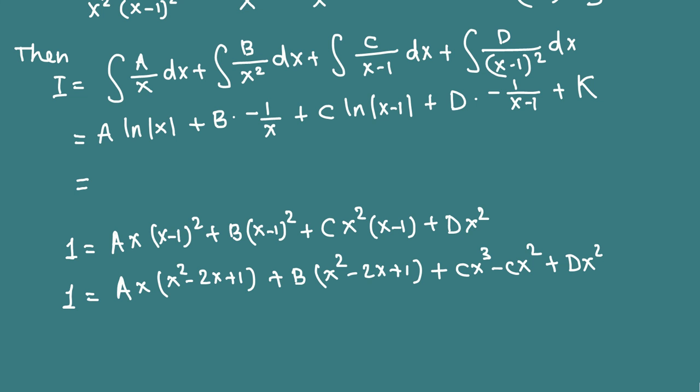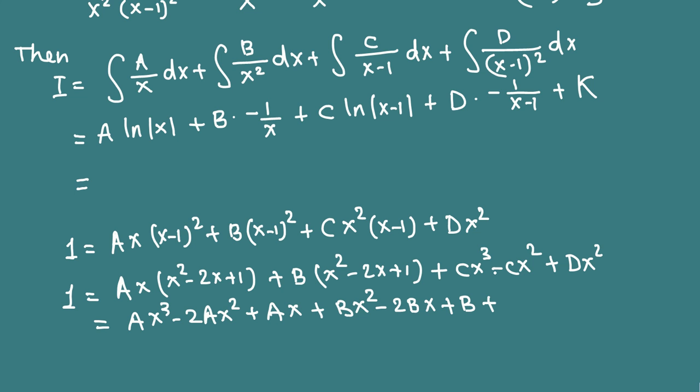We need to distribute more here: ax cubed minus 2ax squared plus ax, plus distribute b, bx squared minus 2bx plus b, plus cx cubed minus cx squared plus dx squared.